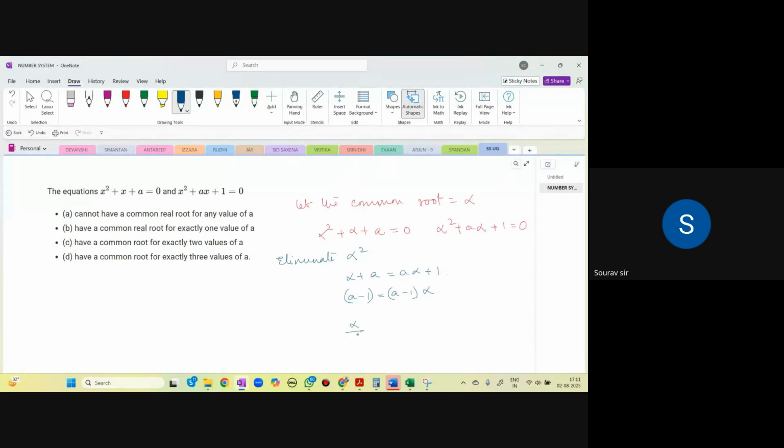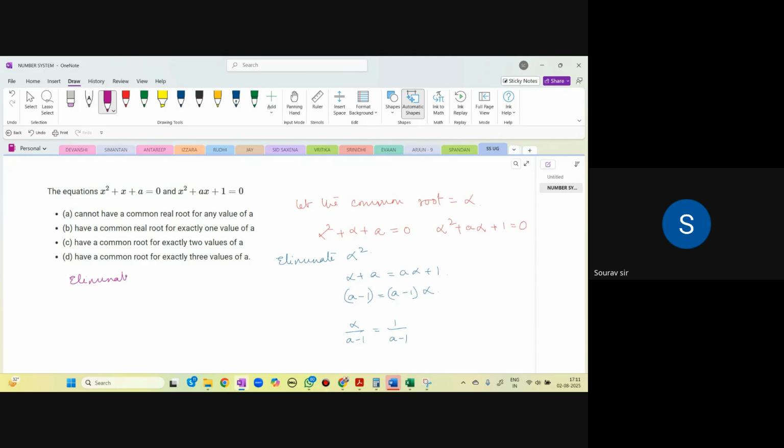Alpha by A minus 1 is 1 by A minus 1. Clear? Everyone understood? Yes, sir.